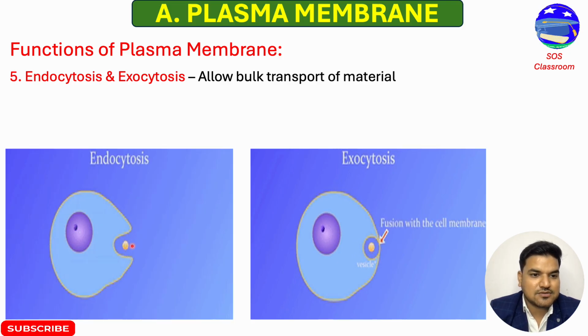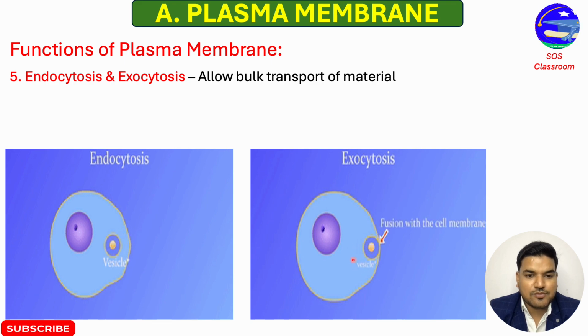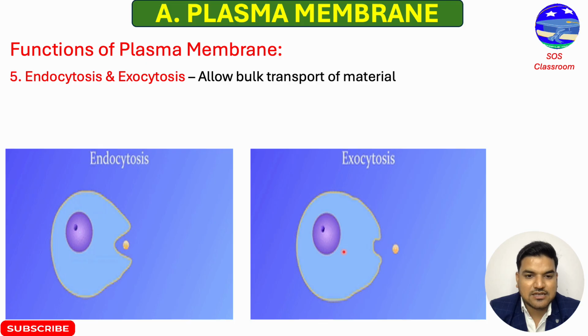You can see this is the process of endocytosis, and this is the process of exocytosis. In endocytosis, the molecules or substances go inside the cell, and in exocytosis, vesicles or substances move from the inside to the outside.